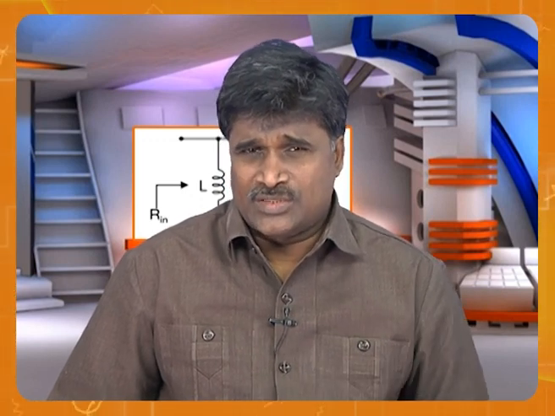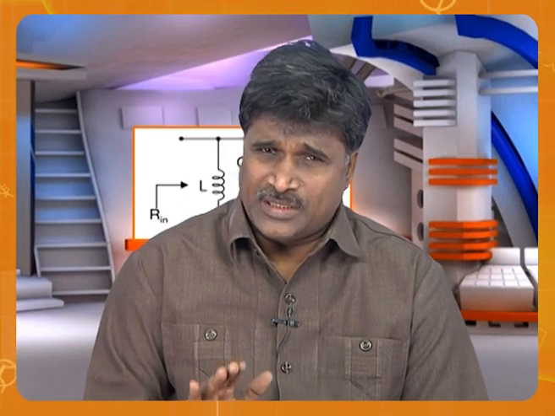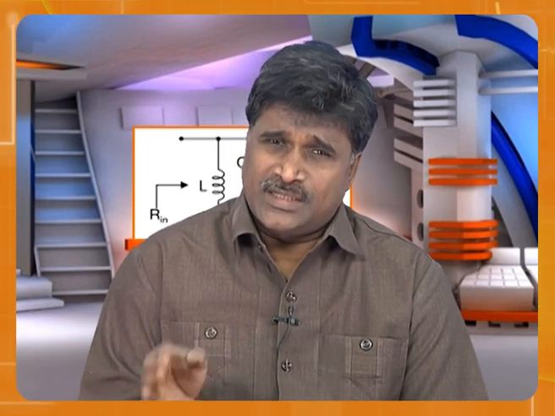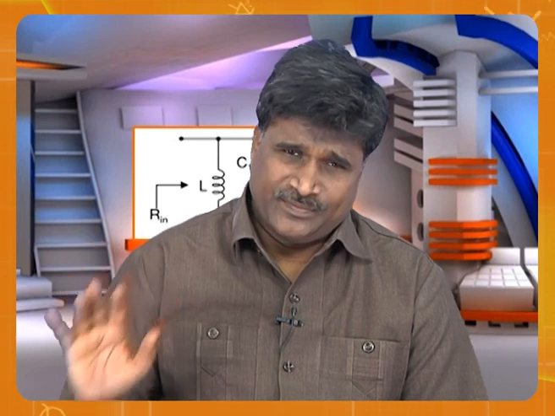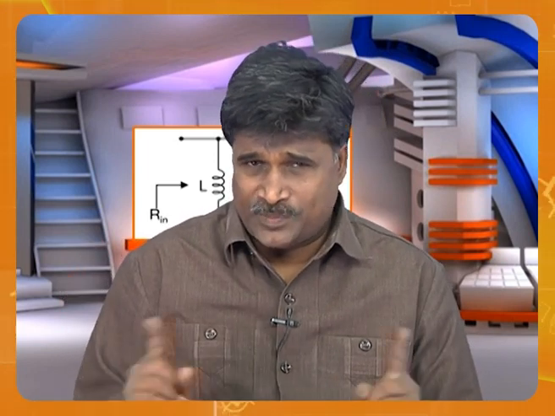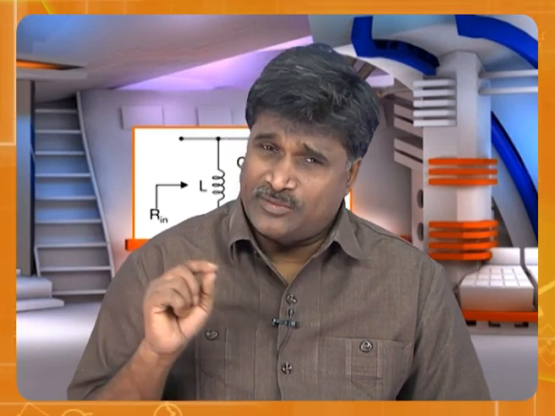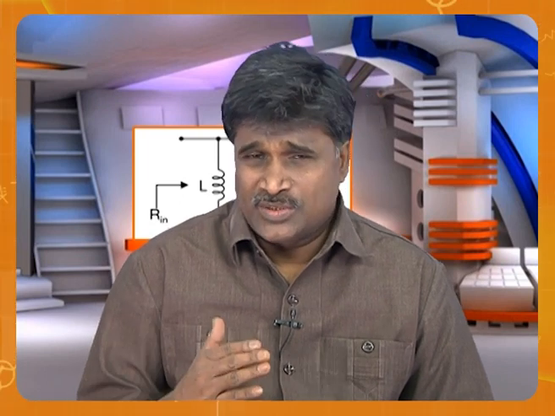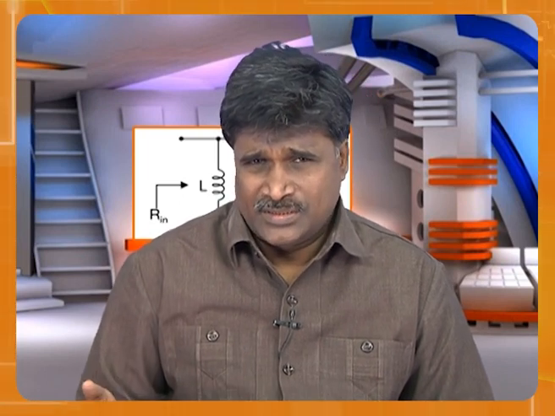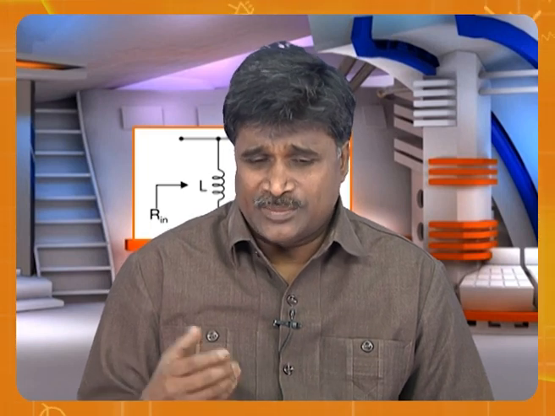For t greater than 0, one important precaution: all the inductors and capacitors will be present. They are neither open circuit nor short circuit. Why? Because you are taking time in general, so in general they are present.